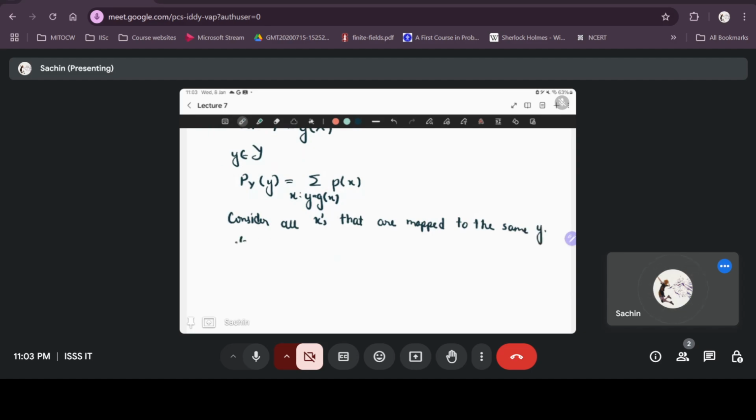That is, the set of all x such that g of x equals y. Then let's call this script x dash or script x_y.